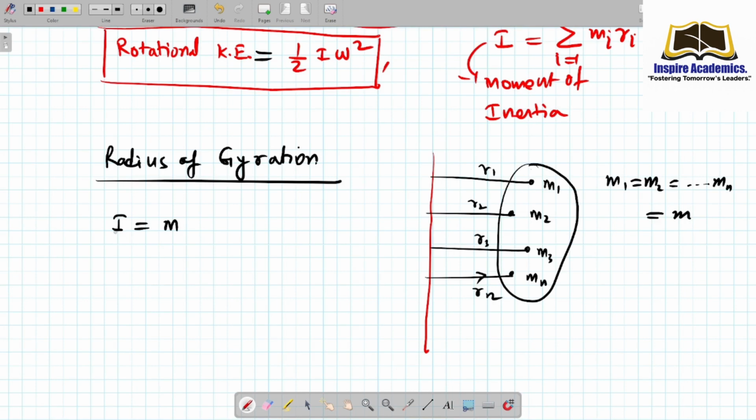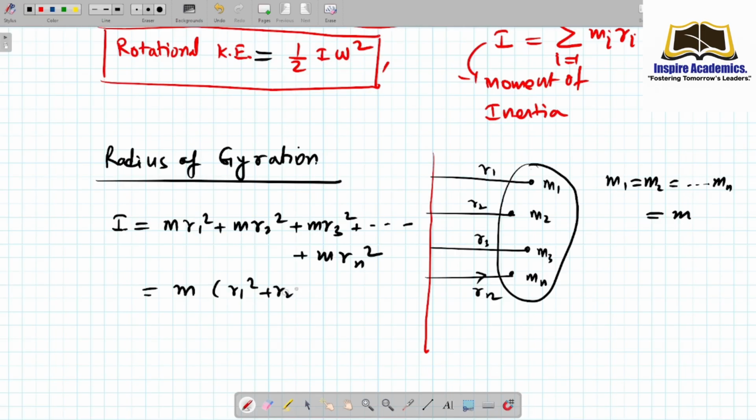So what will be the case? The moment of inertia I would be m r1 square, m r2 square, m r3 square and so on, and lastly m rn square. So we can easily write m times r1 square, r2 square and so on, rn square.